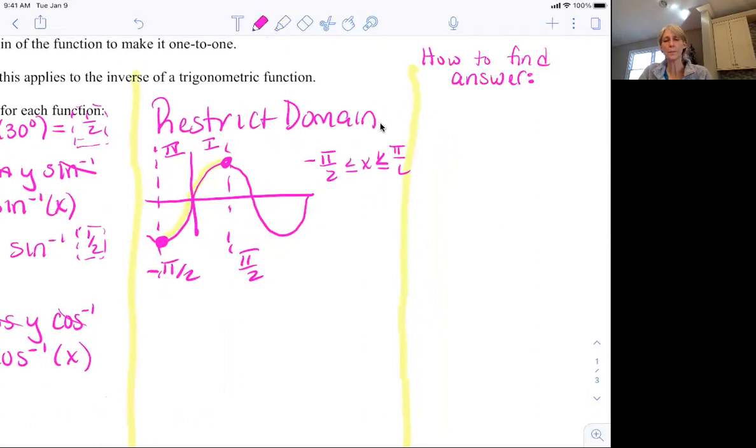Here's what it means. Think about how you set up a function value. If I ask you to find the sine of 30, what do you think about? The side lengths on the right triangle. So if I want to know what angle gives you a sine of a particular value, you're going to work backwards off of that triangle. And then you're going to adjust your answer to the proper quadrant based on the function value.